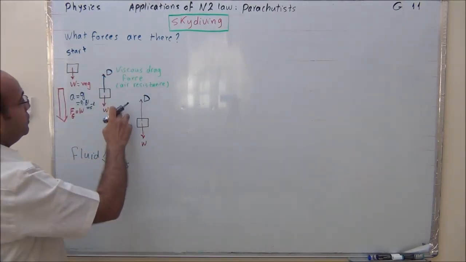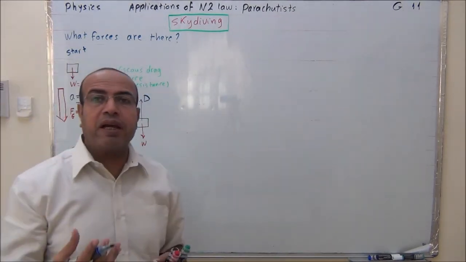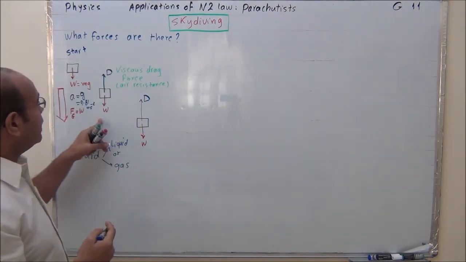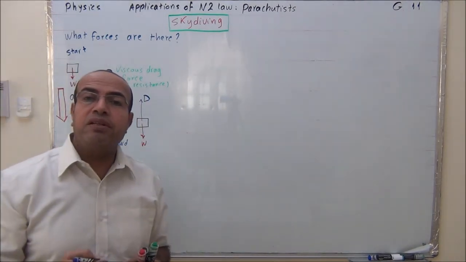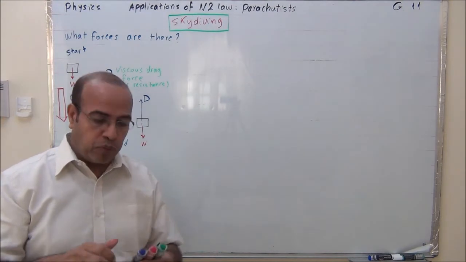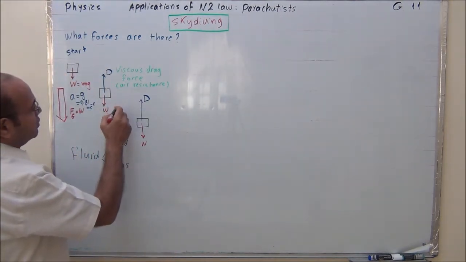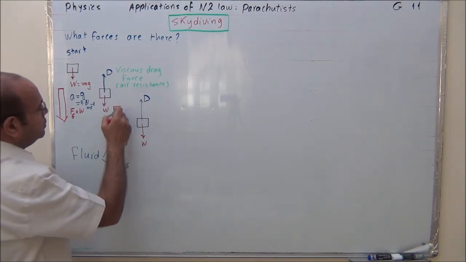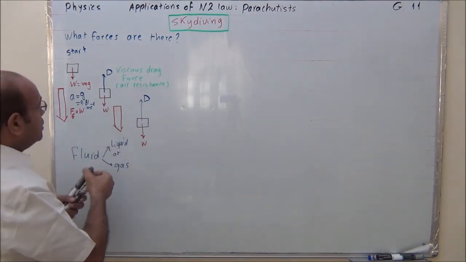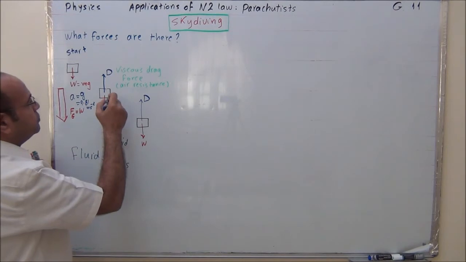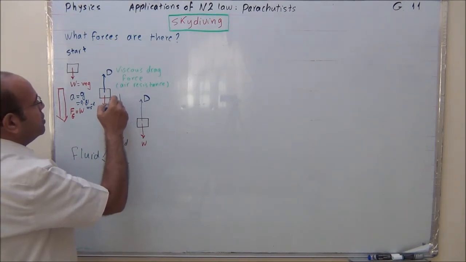So in this moment, we have two forces acting on the parachutist: the weight acting downwards and the viscous drag upwards. But here, the force downwards is still bigger than the force upwards.